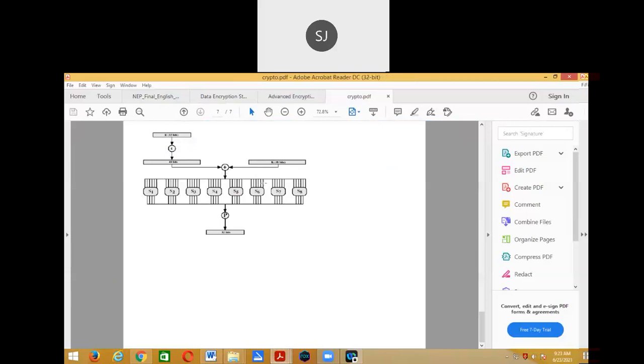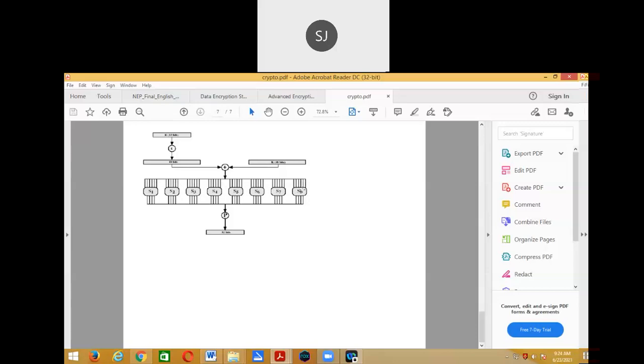The 48 bits are divided among 8 S boxes. You see there are 8 S boxes here. For each S box, a 6-bit input is given: 6-bit input to S box 1, to S box 2, to S box 3, like that.